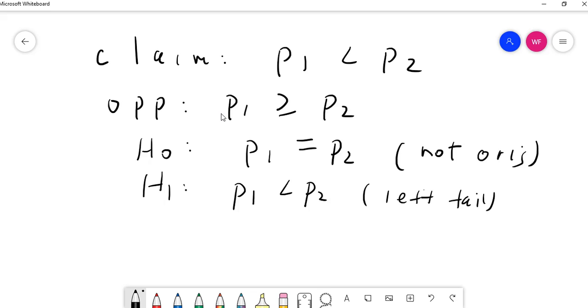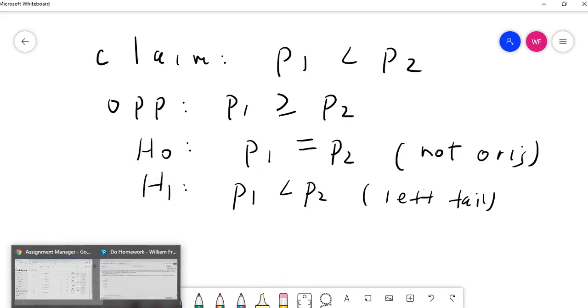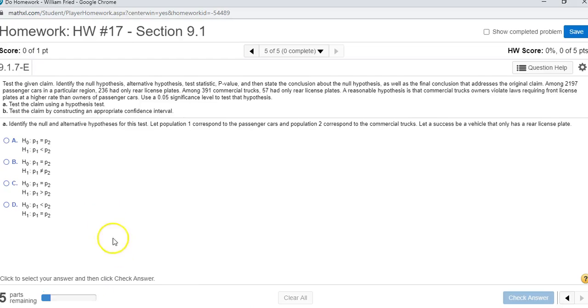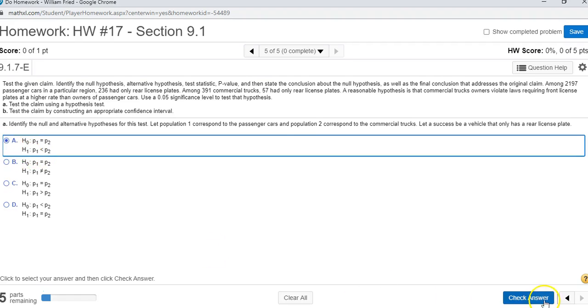Let's see which answer in the homework corresponds to that. It looks like A is the hypothesis that they're equal, and H1, P1 less than P2. Let's go for letter A there.